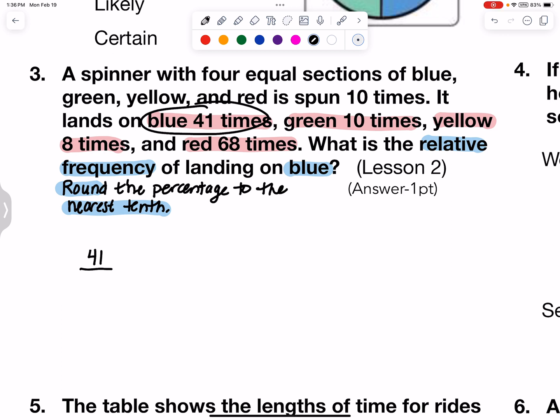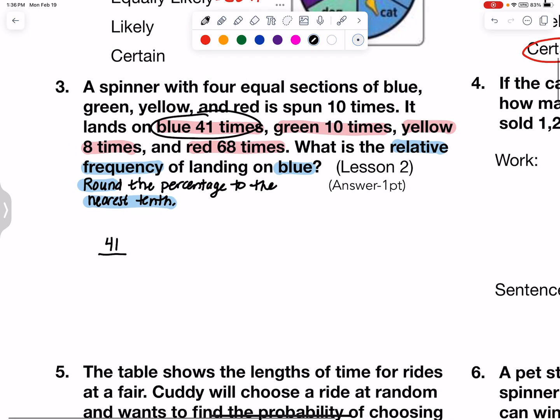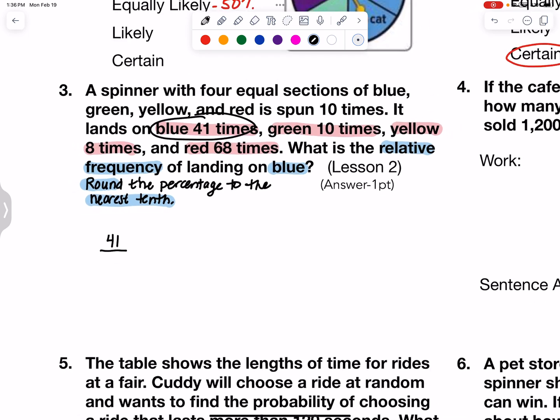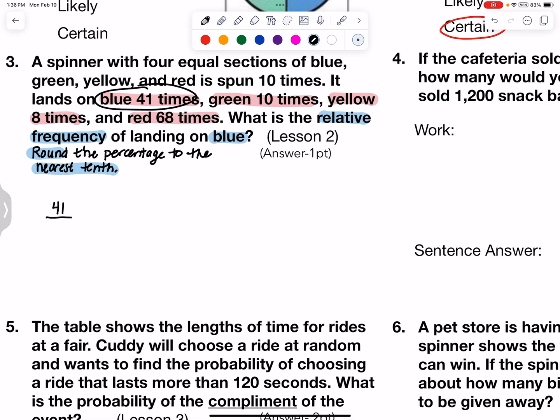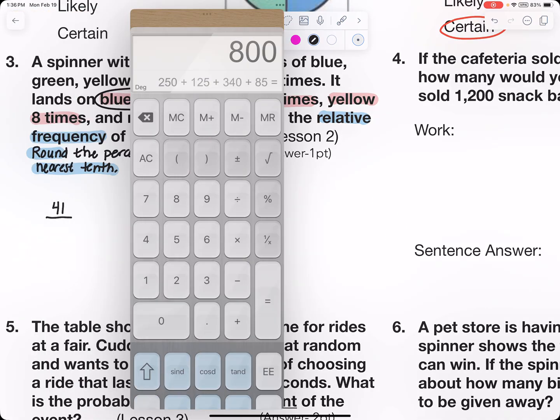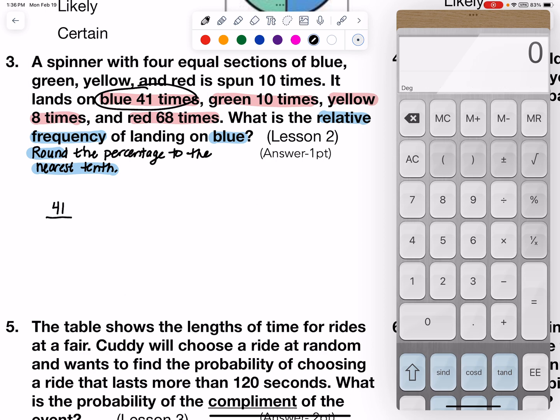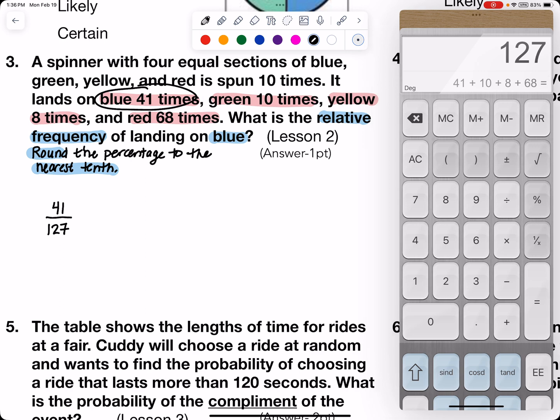Let's go ahead and add up all the times we actually spun the spinner. So 41 plus 10 plus 8 plus 68 is 127 times that we spun it.